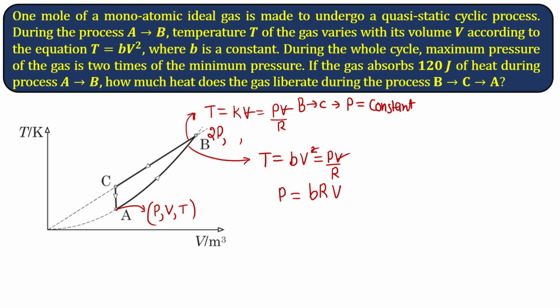So if the pressure is 2 times, the volume must also be 2 times. So here the volume must also be 2V. Now we can also find the temperature, because in this whole process the number of moles is going to remain constant. So the number of moles, that is 1, must be equal to PV by RT. So PV by T will remain constant for any point on all of these graphs, all of these equations, or all of these paths.